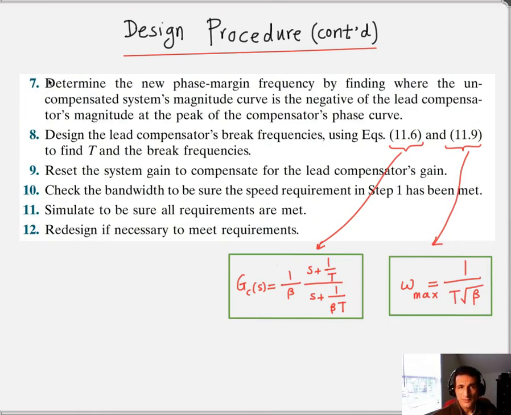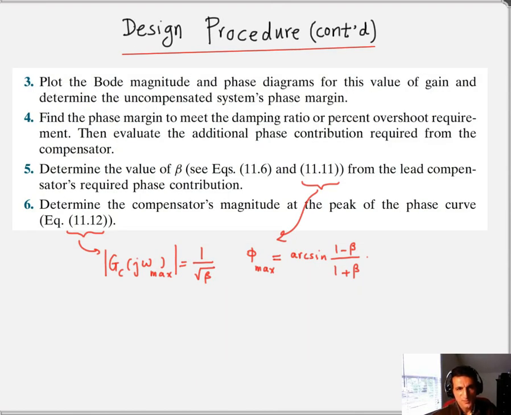In step 7, you determine the new phase margin frequency by finding where the uncompensated system's magnitude curve is the negative of the lead compensator's magnitude at the peak of the compensator's phase curve. I don't want to confuse you. If you just take the number that you determined in step 6, 1 over square root of beta, this is obviously going to give you a positive number in dB, because for the lead compensator, beta is always less than 1.